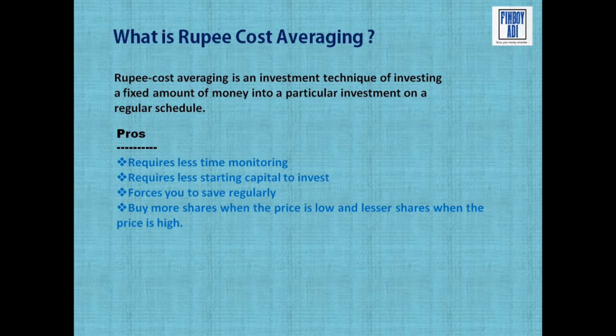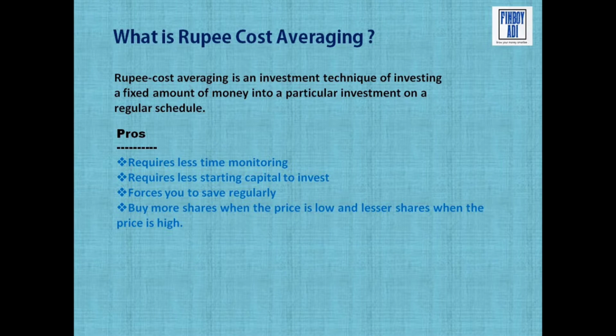So what are the pros? Basically you don't need to monitor anything, because if you set up an SIP on, let's say, the 15th, it will automatically invest in the stocks or your mutual fund. Also, with mutual funds you can start with 100 rupees or 10 rupees, so you don't need a huge capital to invest.